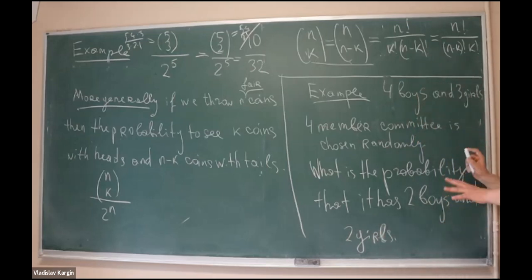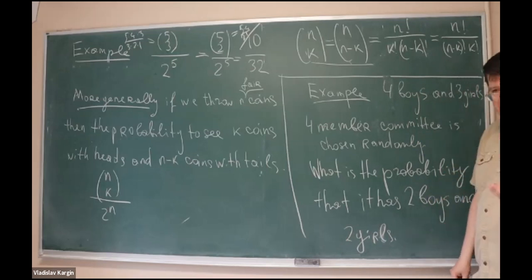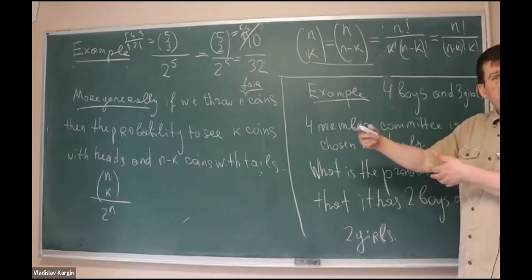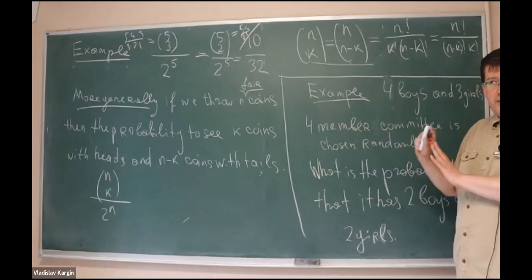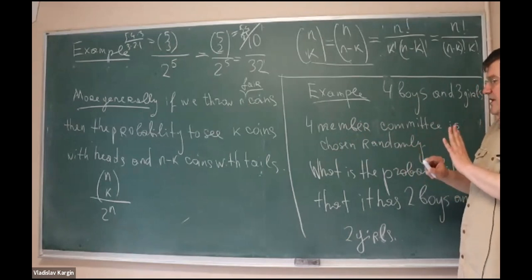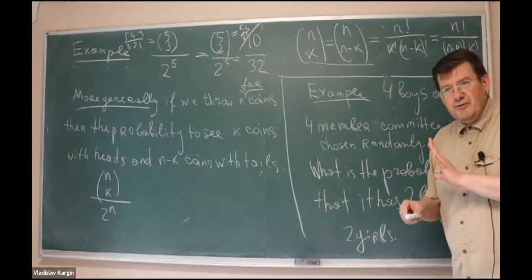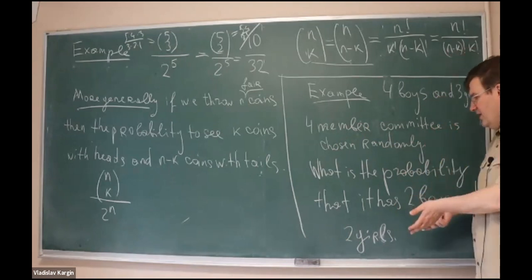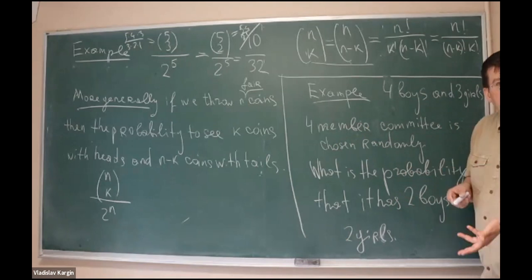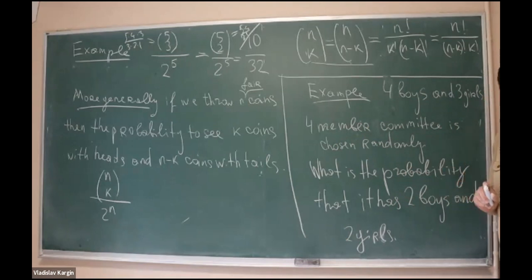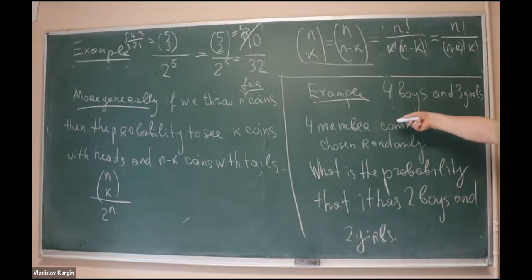A similar problem can come up if you analyze something like the selection of a jury, for example. In some cases, if you analyze the selection of a jury, you might ask whether there was some kind of discrimination, and you'll need to figure out the probability of getting this particular outcome. So this is a baby example of these problems. Here, what's the probability that a committee of 4 members chosen totally randomly has 2 boys and 2 girls?